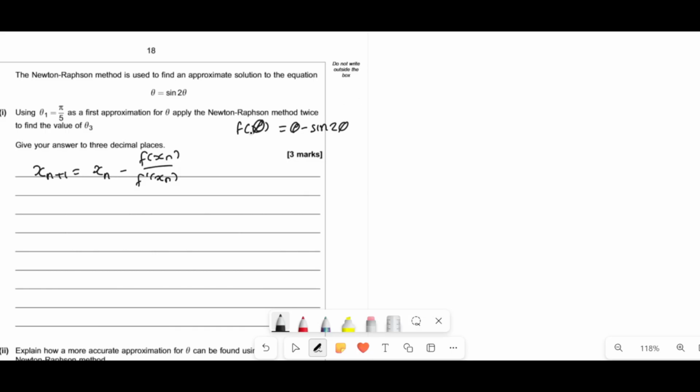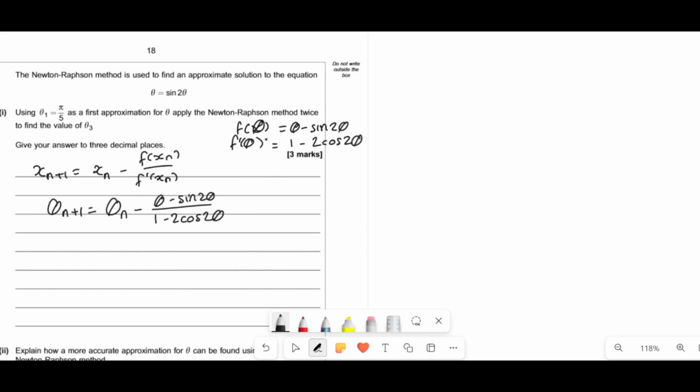If we differentiate, we have 1 minus 2 cos 2 theta, because if you differentiate sine, it becomes cos, but you have to times by the derivative of the inside as well. So then theta n plus 1 equals the previous theta value minus theta minus sine 2 theta over 1 minus 2 cos 2 theta.